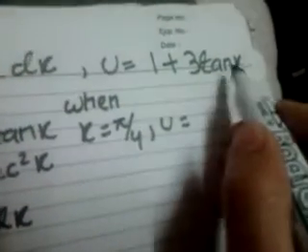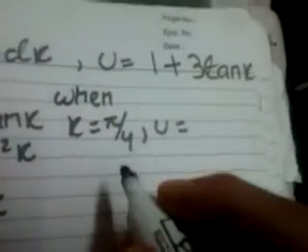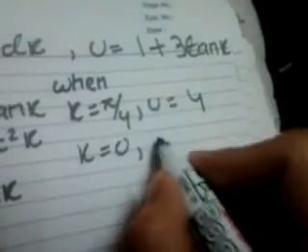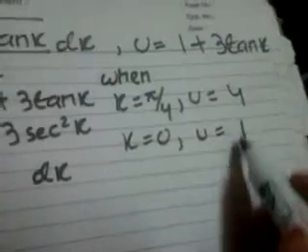So put pi by 4 in here. So this is 1 plus 3 tan pi by 4. Make sure that your calculator is in radian mode, and type this out. You will get 4. And when x is 0, u is 1 plus 3 tan 0, that's 1. So limits are in x, and we have found the equivalent limits in u.